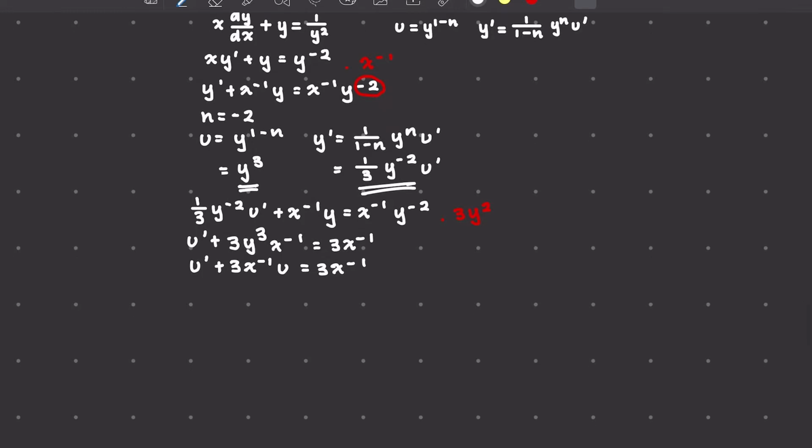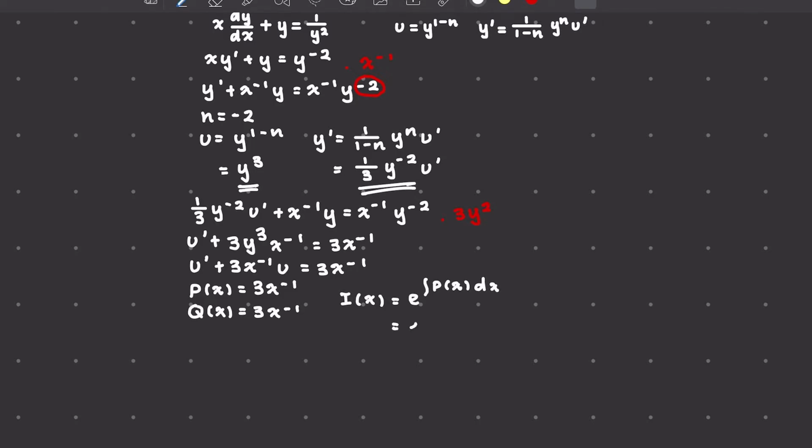Using the same steps as for a first order linear differential equation, we're going to identify the variables first, which is p(x) equal to 3x to the negative 1, and q(x) is 3x to the negative 1 as well. And let's find our integrating factor. Remember, we need an integrating factor in our first order linear DE, which is e to the power of the integration of p(x) dx.